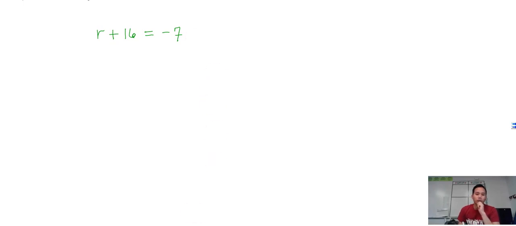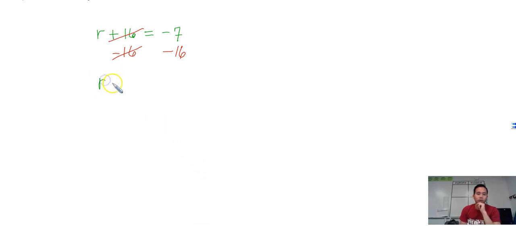When we do that, we are like transposing 16 to the other side. So when I subtract 16 from both sides, this will cancel out because it will give you 0. That way, we are letting r be alone on this side.